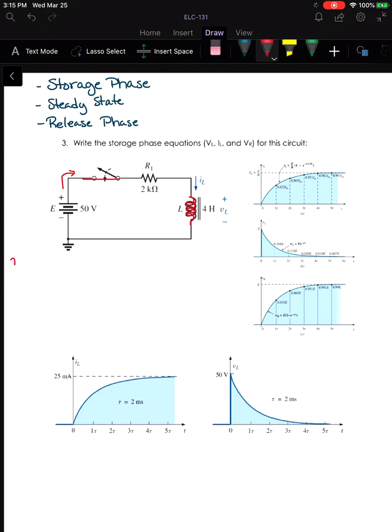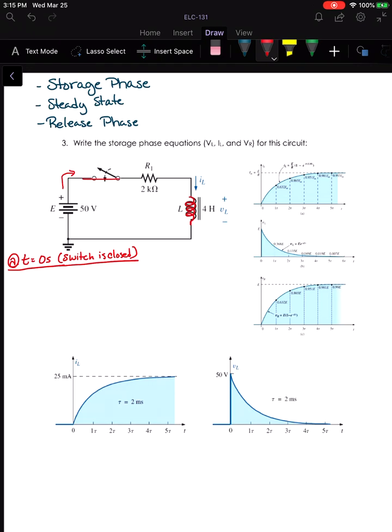Okay, so what that looks like at t equals 0, right at the point where we close the switch. What I mean by t equals 0 is we close the switch and we start counting 0, 1. By the time we start counting 1, all of this is changing.